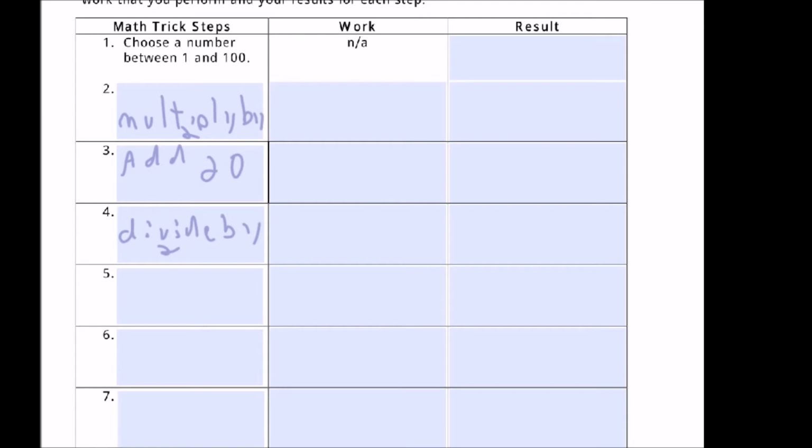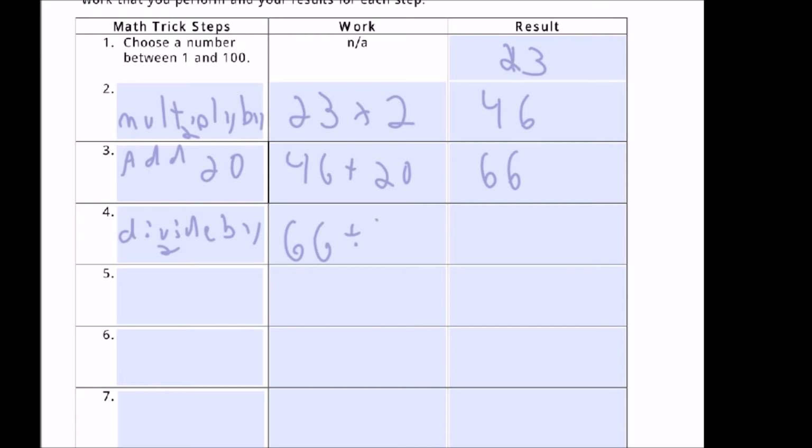So let's see where this gets me right now. I'm going to pick a number. Let's pick a different number, say 23. So multiply by 2, so 23 times 2 gives me 46. Add 20, so 46 plus 20 gives me 66. And then divide by 2, so 66 divided by 2 gives me 33.